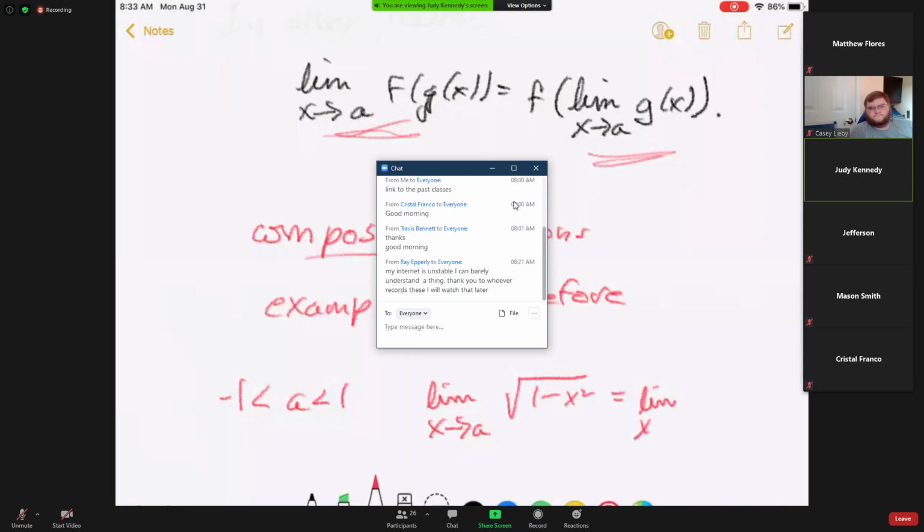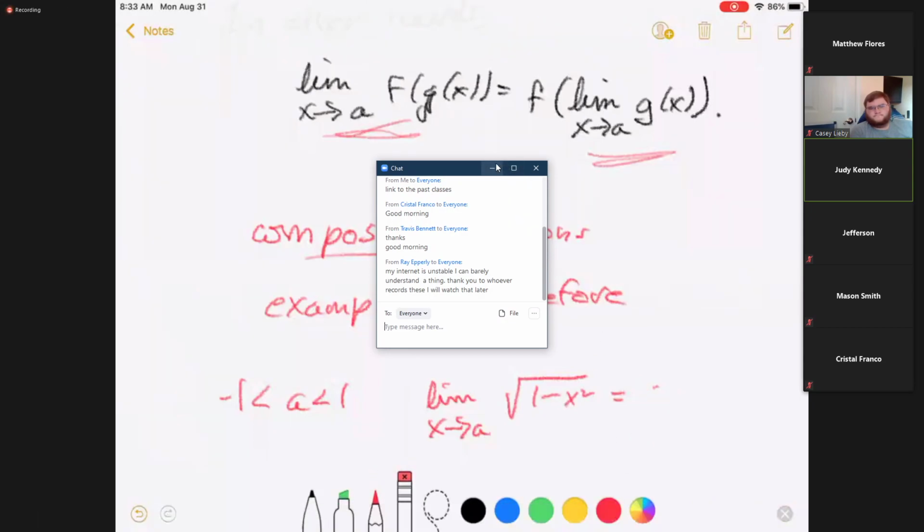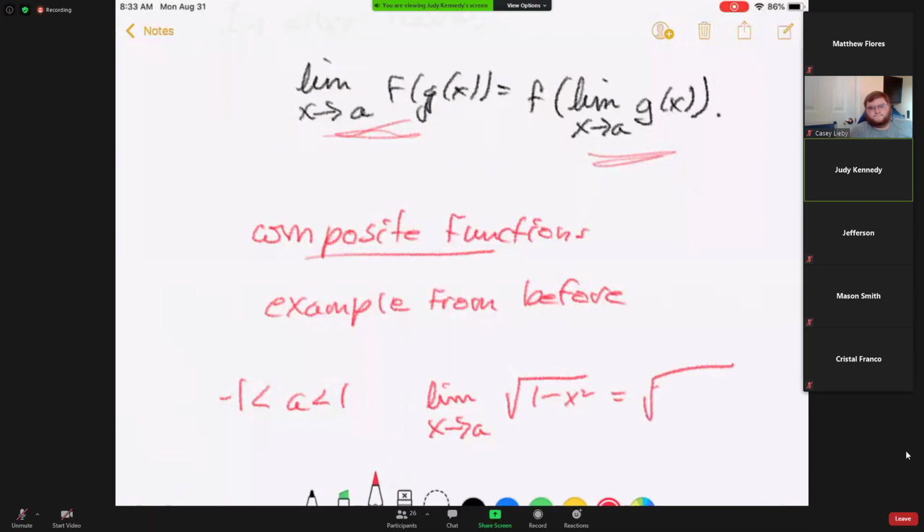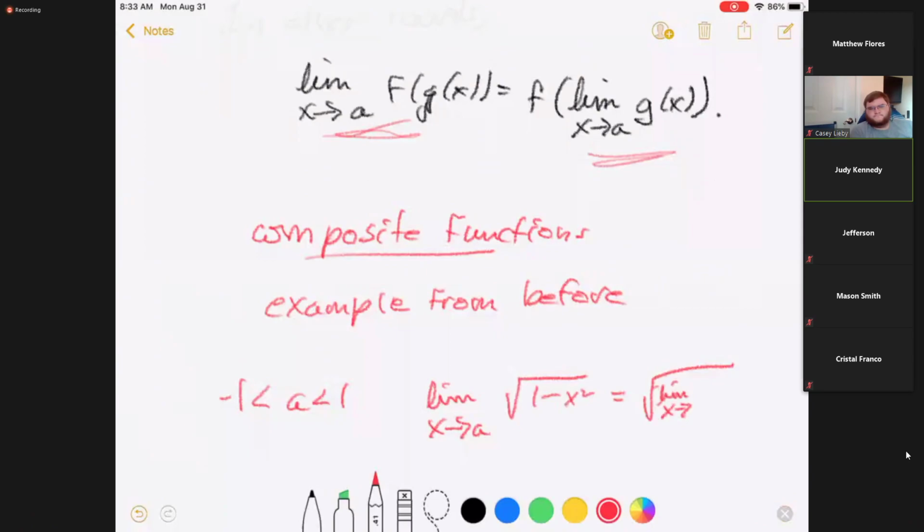It's equal to the square root of the limit. That got messed up, so let's just start over there.